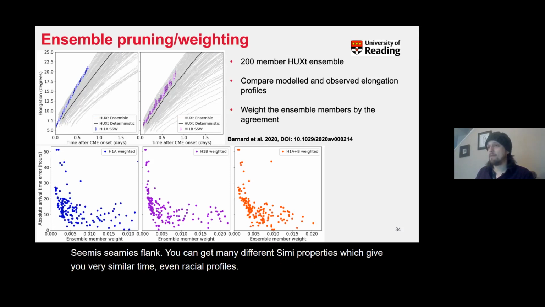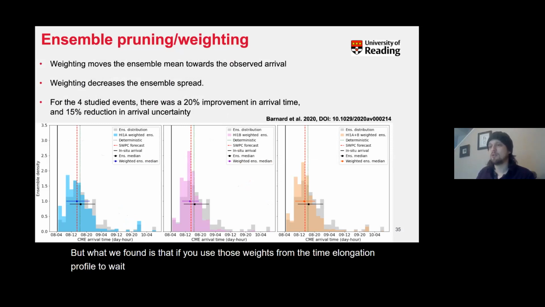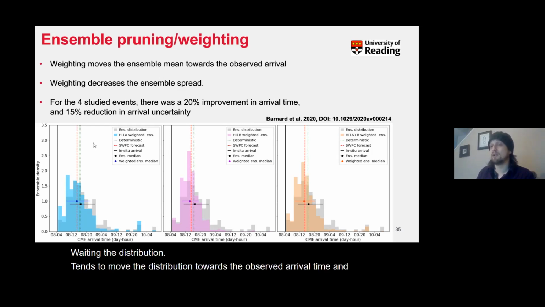But what we found is that if you use those weights from the time elongation profile to weight the ensemble distribution, you do get an improvement in the estimated arrival time and the arrival time uncertainty. So weighting the distribution tends to move the distribution towards the observed arrival time and decreases the ensemble spread.